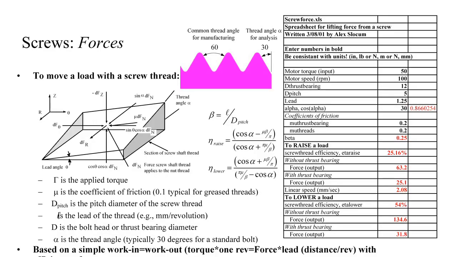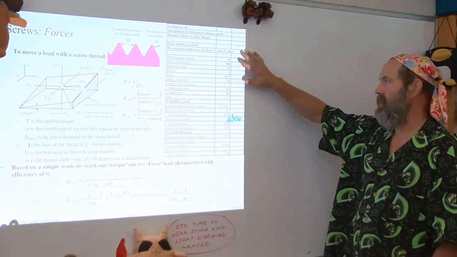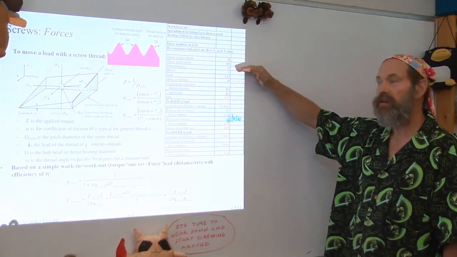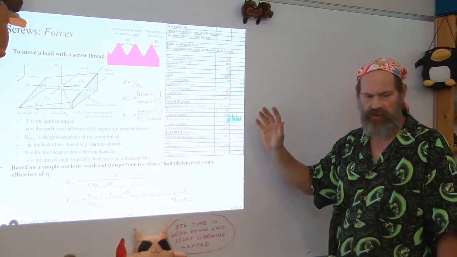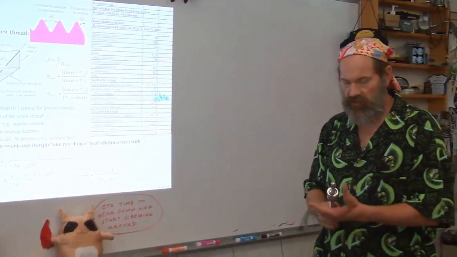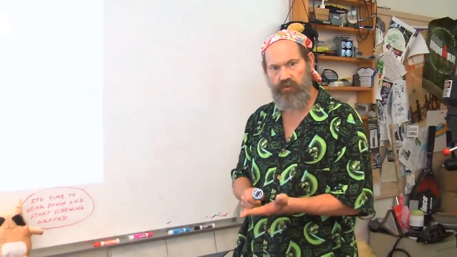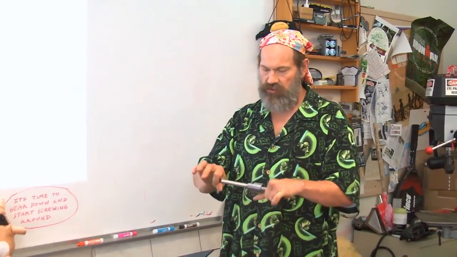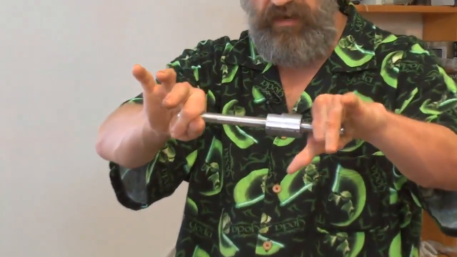The spreadsheets that are available with the course, screwforce.xls, of course, lets you do things like put in the motor torque, speed, diameter of the thrust bearing. Diameter of the thrust bearing? Yes, it turns out that when you're calculating the efficiency of your system and the torque you need, remember how we showed how the screw shaft was held in bearings?